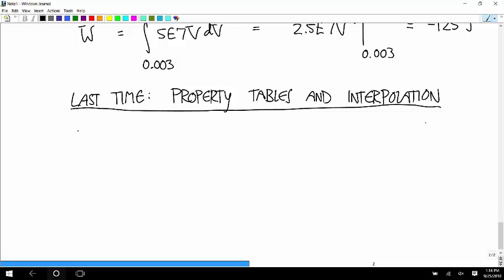We talked about how to interpolate a function of one independent variable.